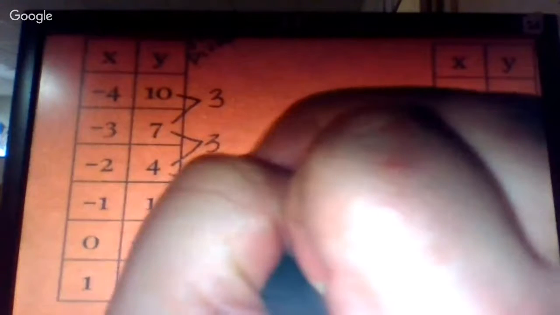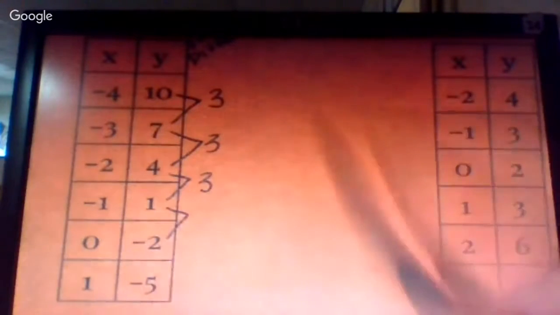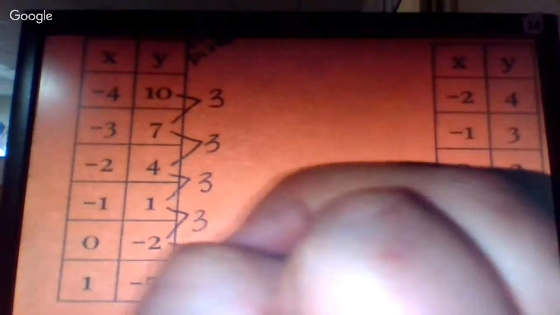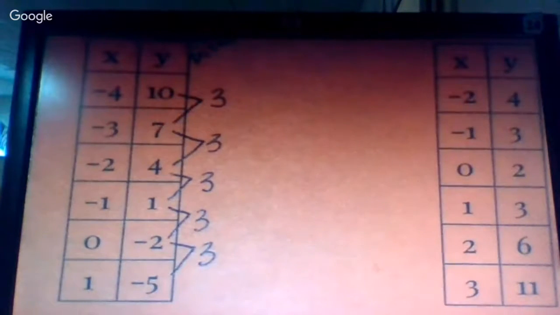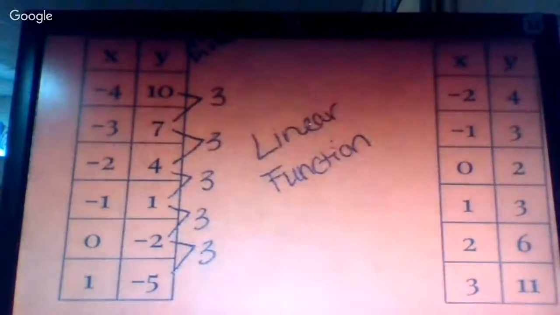What about 4 minus 1? 1 minus negative 2. 3. Negative 2 minus negative 5. 3. Are all those numbers the same? Yes. This is a linear function. Because we found the pattern and they were all the same when we did the first round of differences, that's what makes this linear. Okay, so the one on the left here is a linear function.